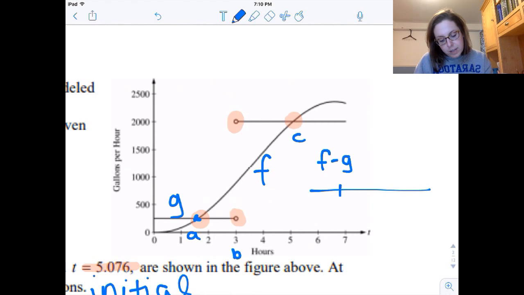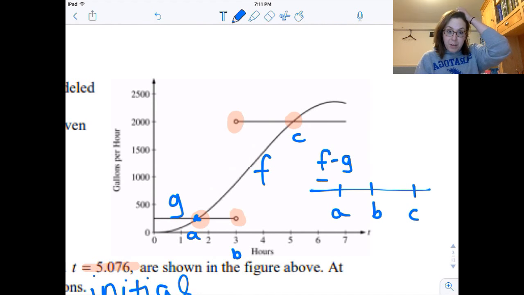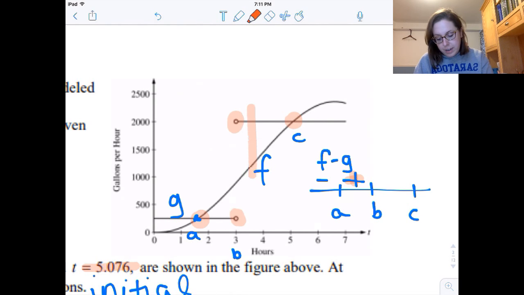So between those values, if you do f minus g on this first interval, you are going to get a negative value. g is bigger than f. If you do it on this second interval in here, you are going to get a positive value. If you do it on the third interval here, you're going to get a negative value. And if you do it on the fourth interval over here, you're going to get a positive value.